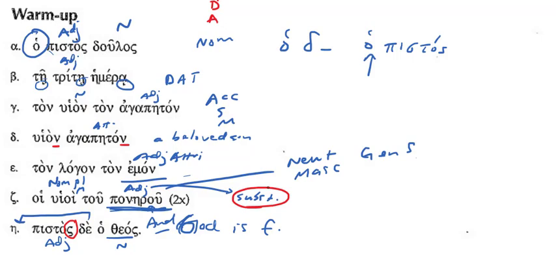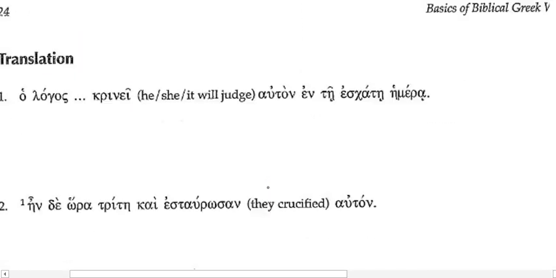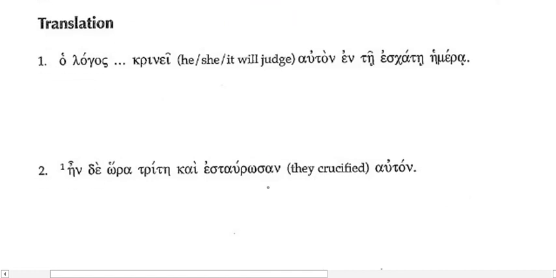Okie dokie. Well, let's move on to our translation homework. And here, we'll get a chance to actually see some adjectives in the flesh now, with real context wrapped around them. And we'll get to then ask ourselves these questions about, well, is the adjective articular or not?